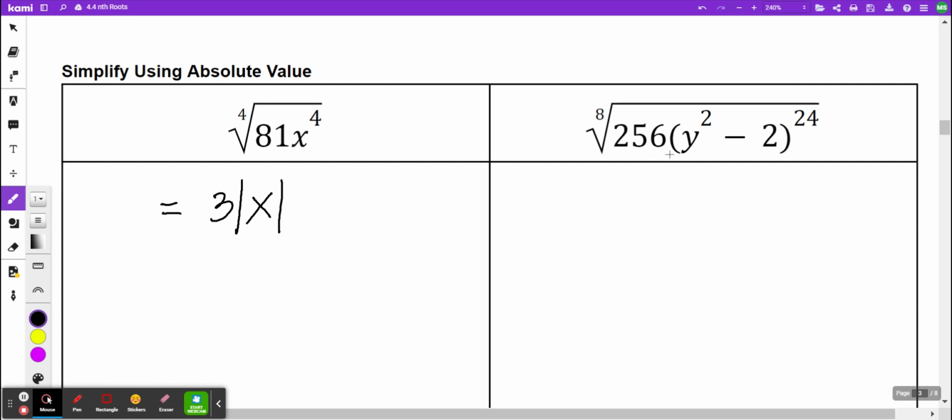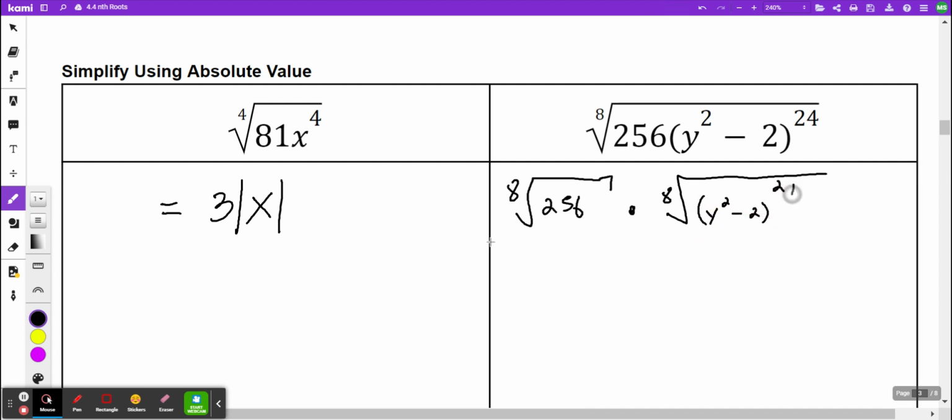So what if we do the next one, to the 8th power? What might be helpful is if we separate it. We have 256 to the 8th power, and then we have the 8th power of this expression right here, y squared minus 2 to the 24th. So let's see.